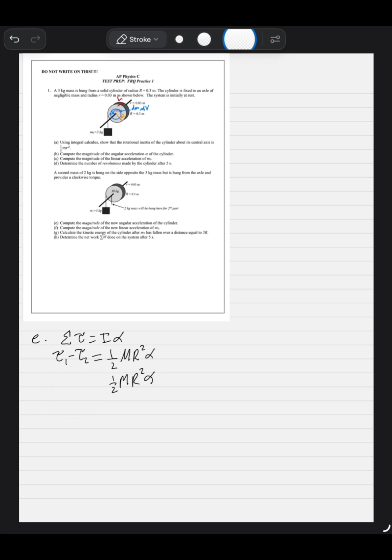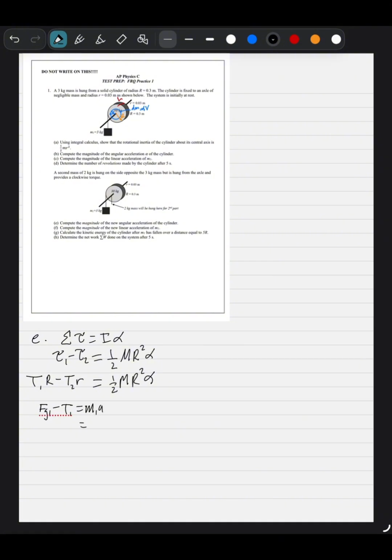Oh wait, it's T1, T2, R. Then we can solve for T1 by doing Fg1 minus T1 equals m1a. Then expand that and isolate T1.